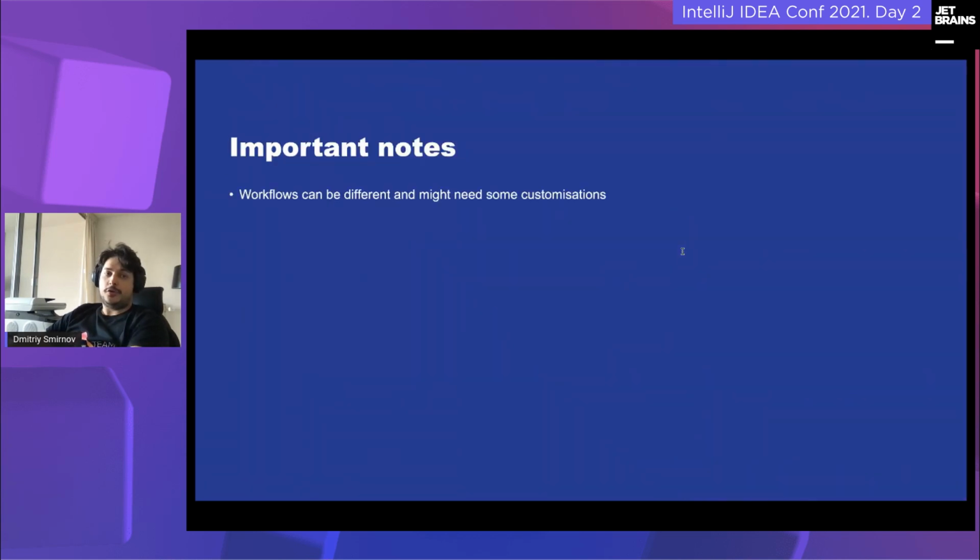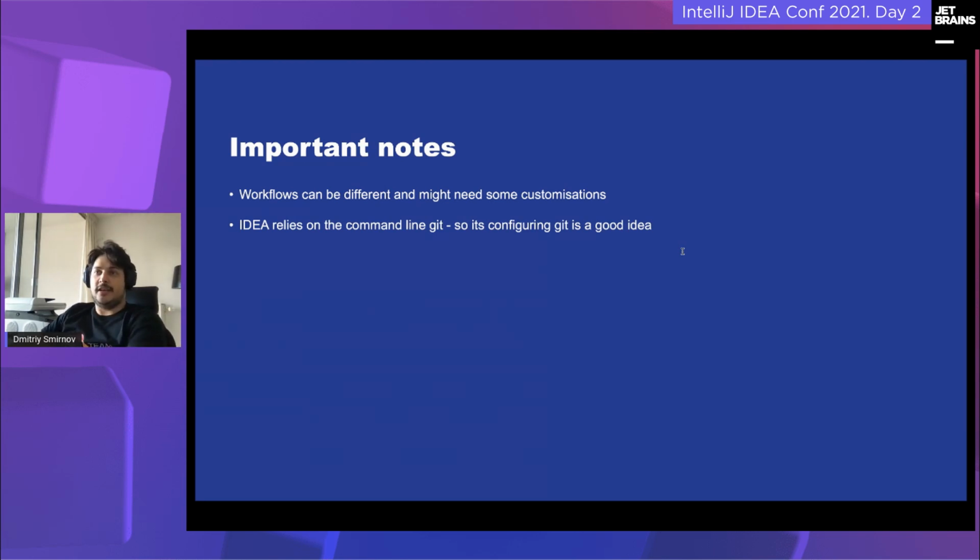Again, workflows can be different, and the IDE might not support all of them, but the good thing here is that it can be customized. We rely on the command line Git. It means that as Git is flexible, you can go to its config and do almost everything you want right there. So in most cases, IntelliJ will just pick it up and work with this.